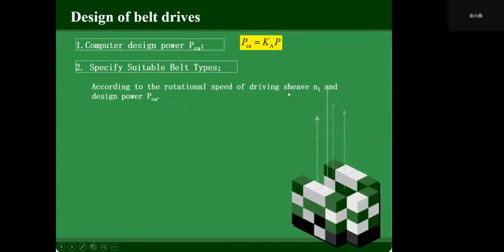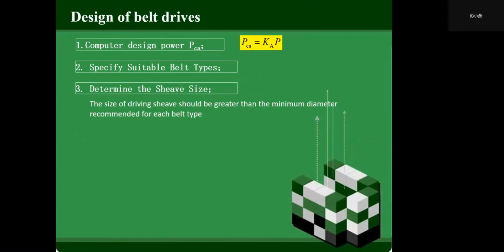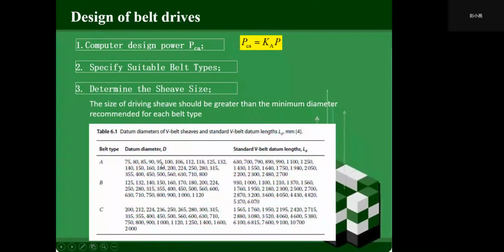and then according to PCA and the driving shaft speed N1 select the belt type, and determine the pulley size from the selection diagram. We can obtain a range for the driving pulley diameter, and then we select a standard value from that table for driving pulleys.